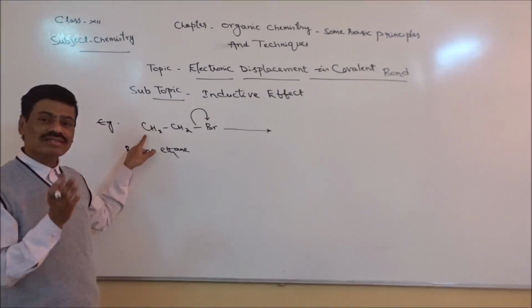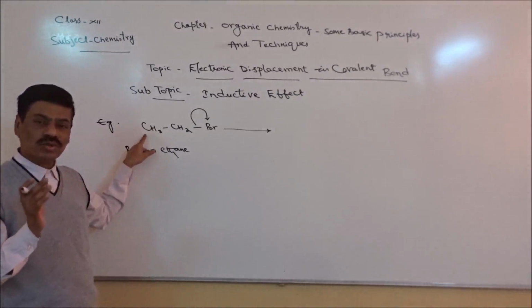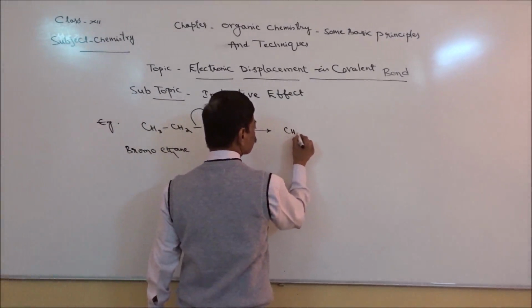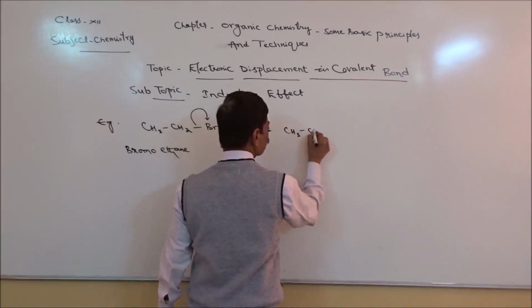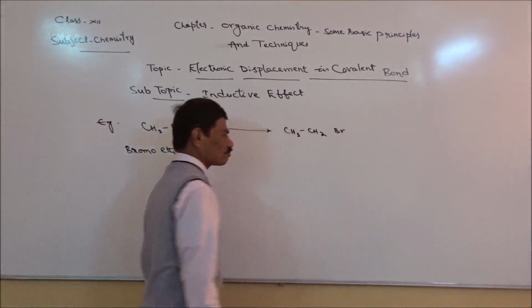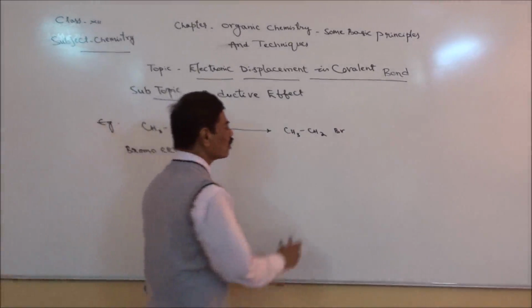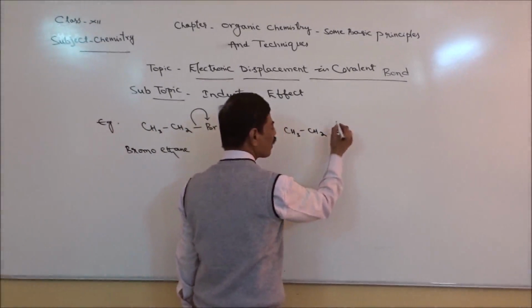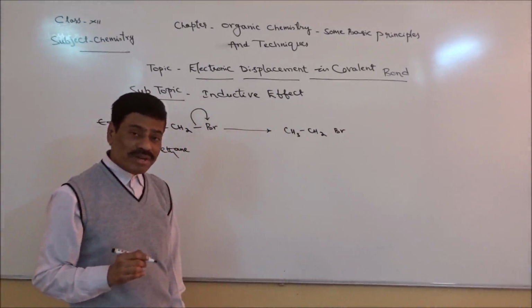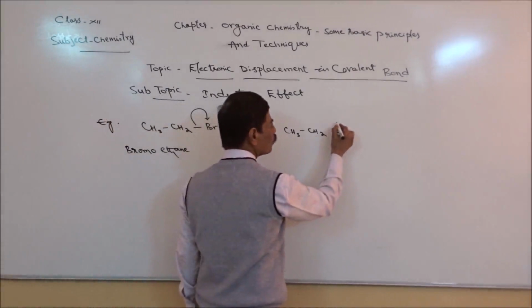But how are these little negative, little positive charges shown? Let us see. CH3 CH2 Br. Since electron pair move towards Br, so Br will get little negative charge. To represent or to indicate little, we use this sign.